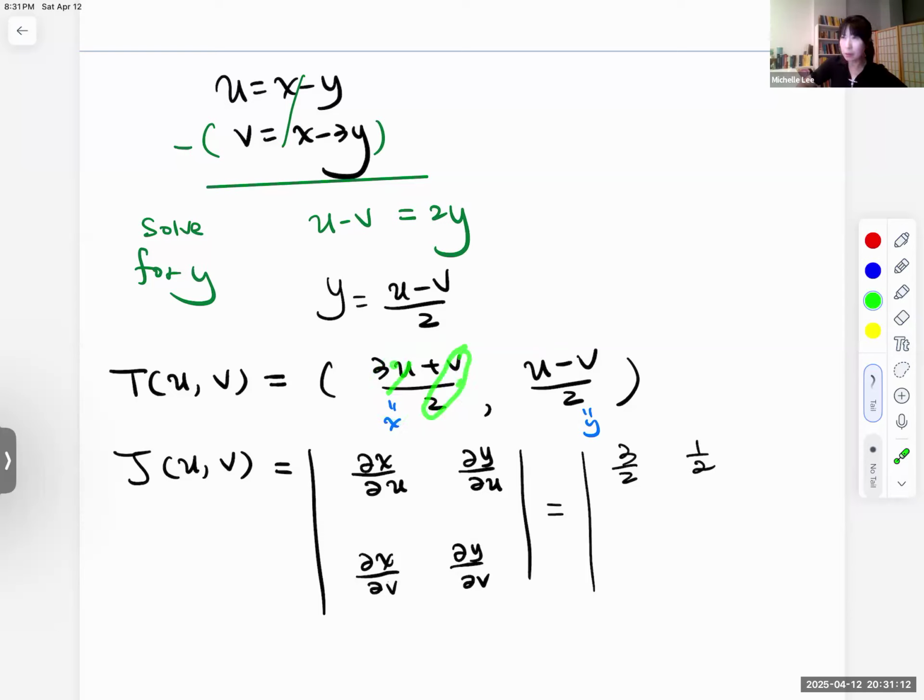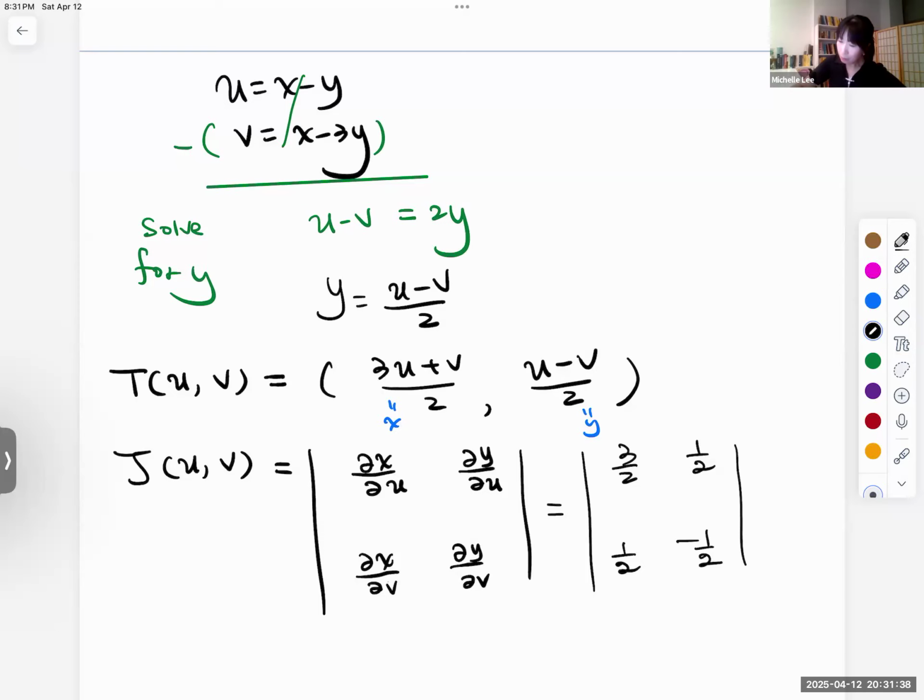Then u is constant, so we get 1/2. Okay, now we're looking at the y with the partial derivative with respect to v, then u is constant, so negative 1/2.